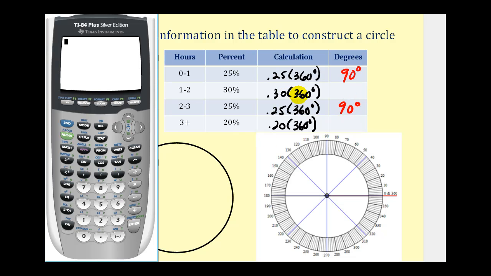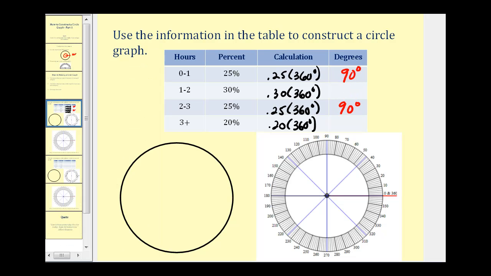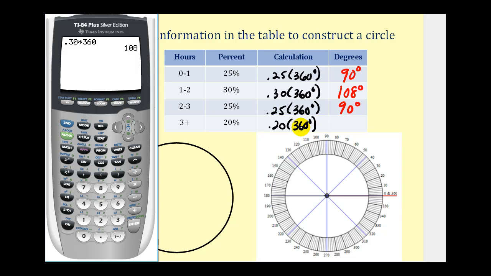And so for the second category, we'll multiply 0.3 or 0.30 times 360. That tells us this category here would be 108 degrees of the circle. And the fourth category would be 0.20 times 360, or 72 degrees.